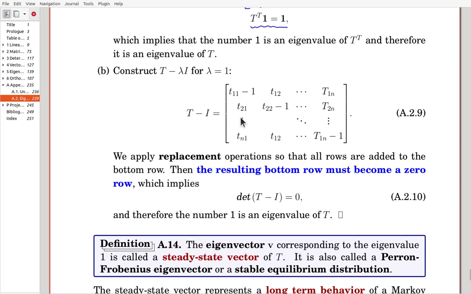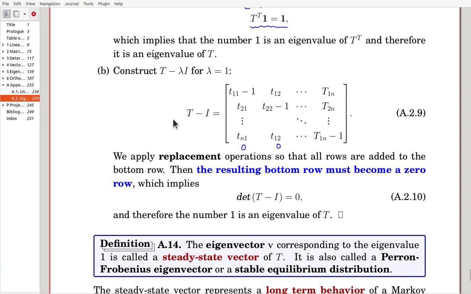Then the bottom row will become the whole addition, which is 1 minus 1, so this position will be 0. Similarly, that will become 0, so that eventually the bottom row will be a 0 row.